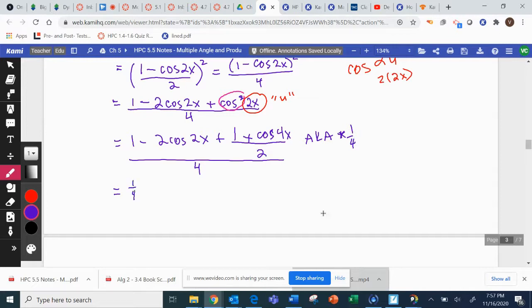So I'll get 1/4 minus 1/2 cosine 2x plus, if I'm multiplying this by 1/4, I'm going to get 1/8 cosine 4x over 8.